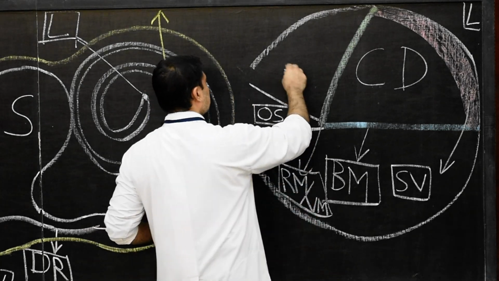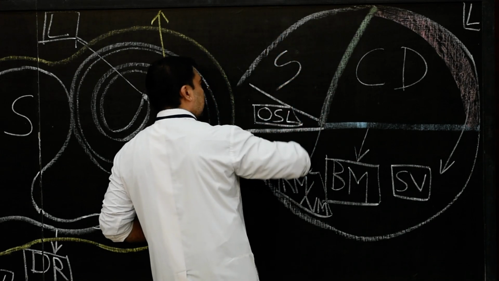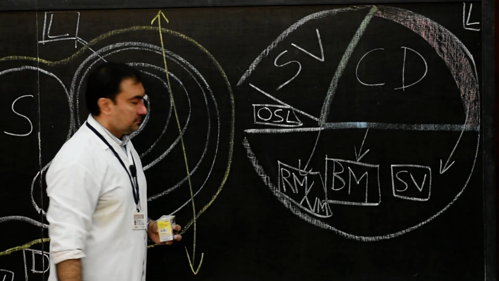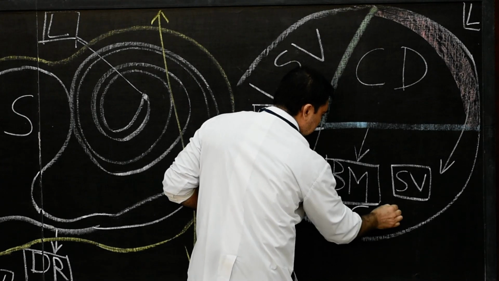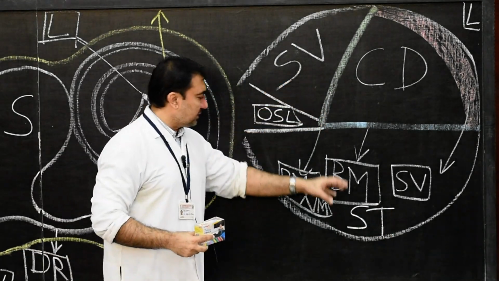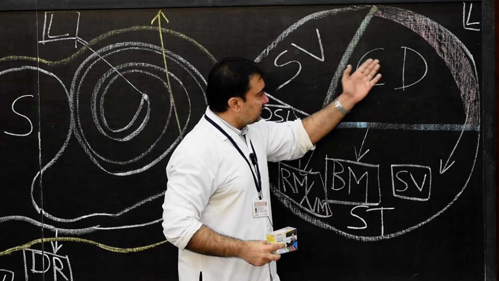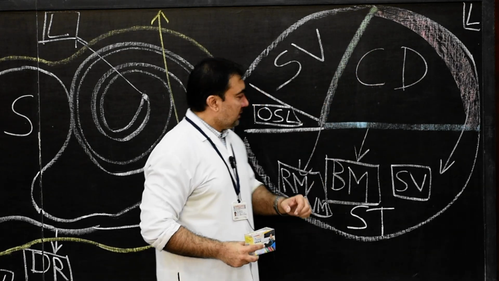If you recollect here, scala vestibuli, and here this portion will be scala tympani. So these two, scala vestibuli and scala tympani, are the bony labyrinth, and this is the cochlear duct of the membranous labyrinth.